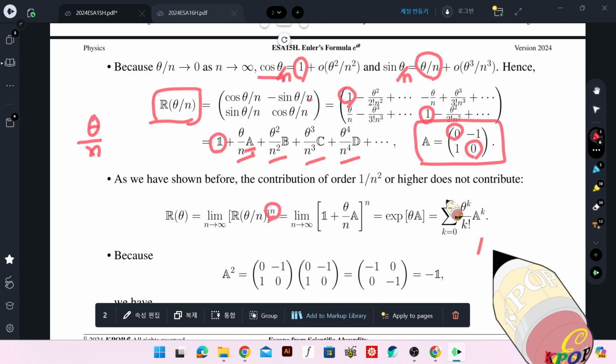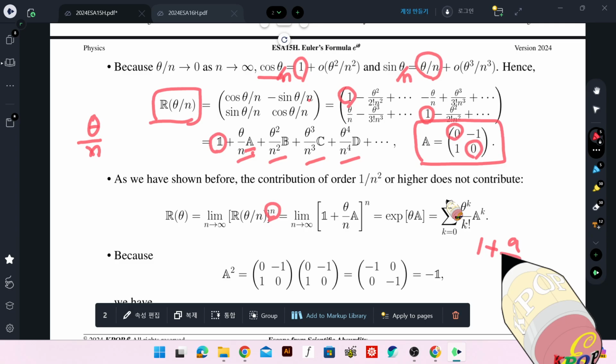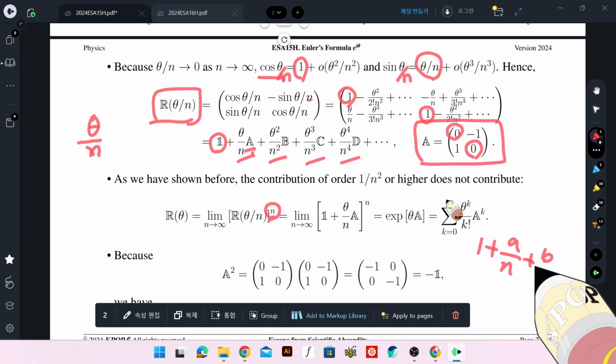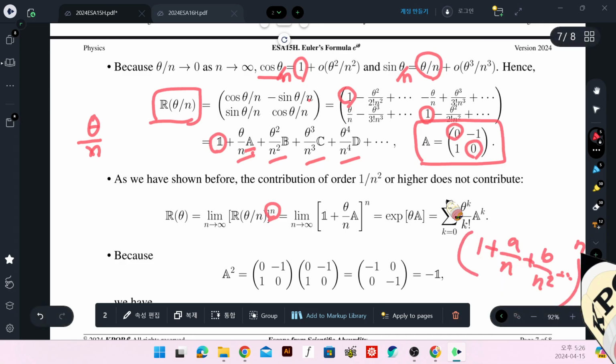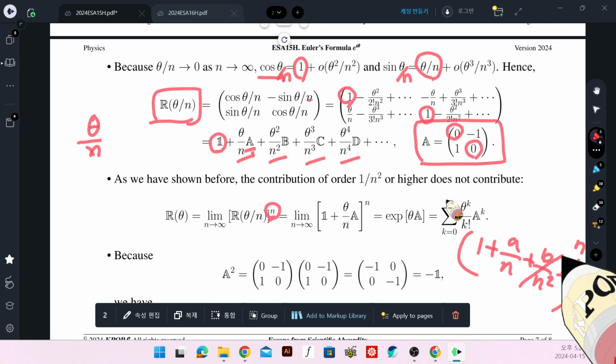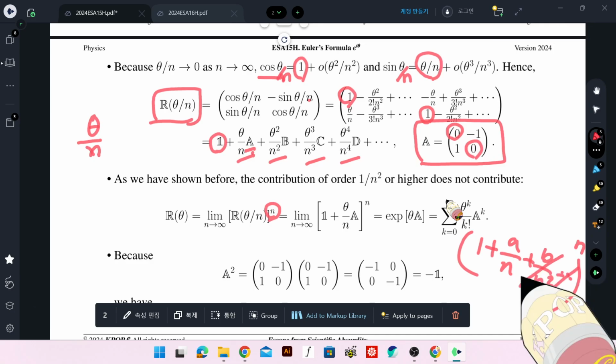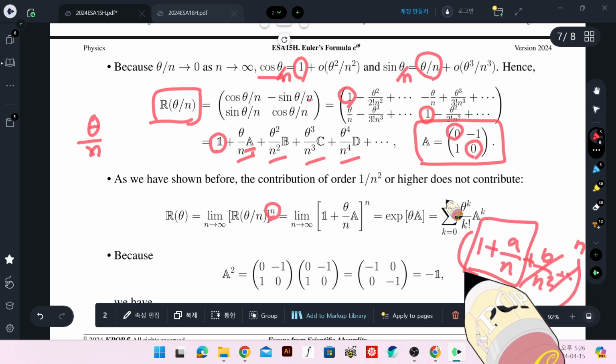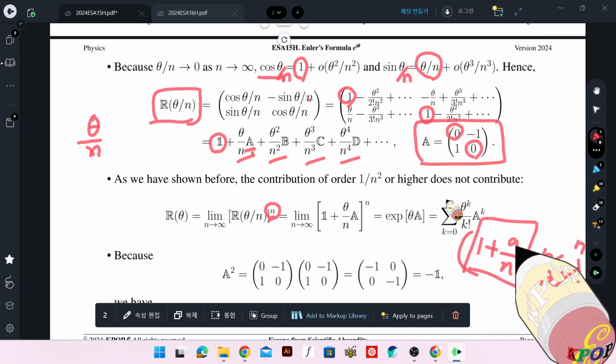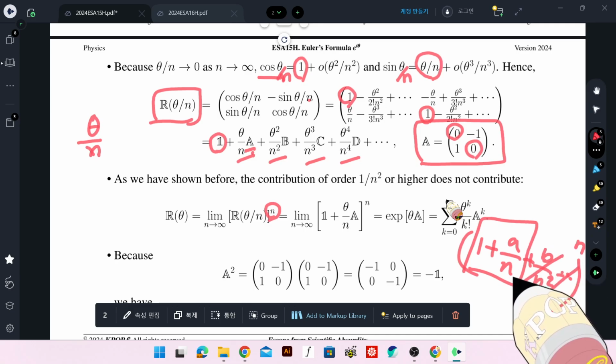We remember that 1 plus a over n, plus a b over n squared, and so on, to the nth power. If they are finite, all of the higher contributions vanish exactly, and only 1 plus the leading power, that is the 1 over n contribution, survives to contribute to the exponential of a.